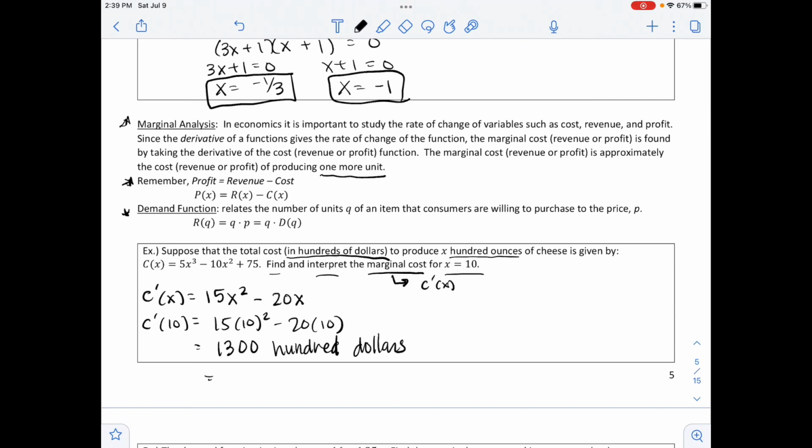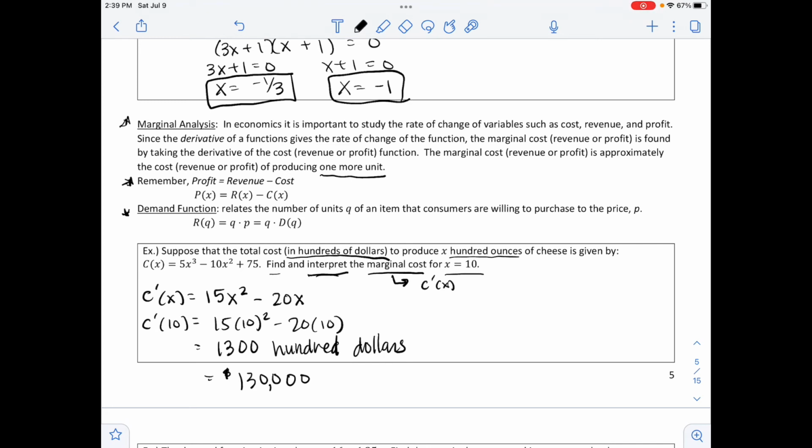So again, you can rewrite this, and it sounds kind of weird to say $1,300. So I'm going to say 1,300, and then 100 has 2 zeros, so add 2 more zeros, or you can think of it as multiplied by 100 to get that value. So we can say $130,000. So this would be our answer.